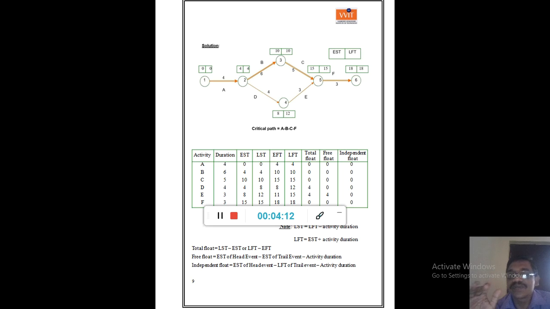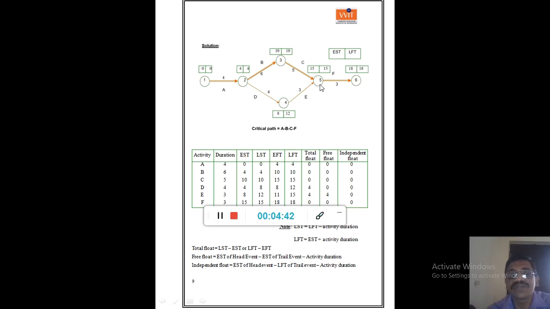And now calculation of LFT. In order to calculate LFT, the EST of the last event is the LFT of the last event, 18. While doing backward calculations, LFT means latest finish time, EST means earliest start time.